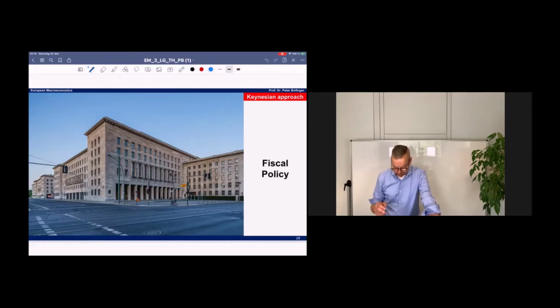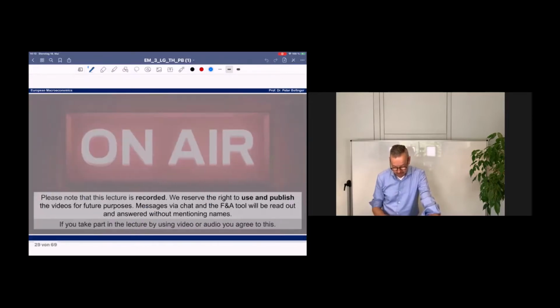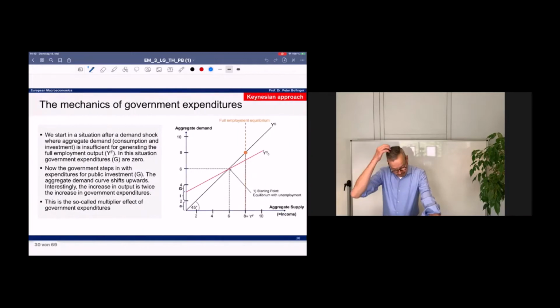Okay, so let's talk about fiscal policy, and we discuss first the mechanics of government expenditures, and then we will talk about the mechanics of cutting taxes. Okay, let's have a look at this graph.